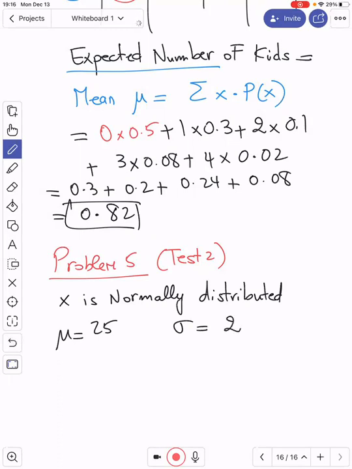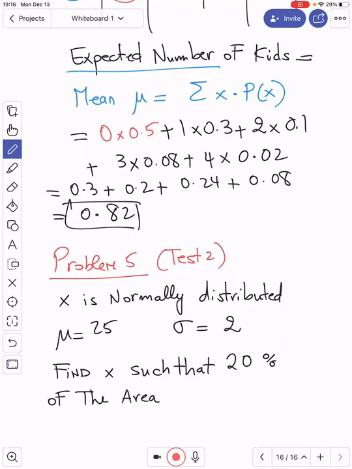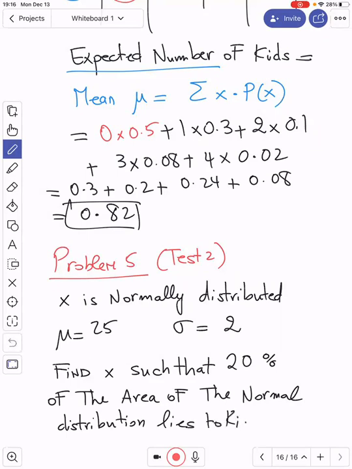And the question is to find the value of x such that 20% of the area of the graph of the normal distribution lies to the right of x. So 20% of the area of the normal distribution of x lies to the right of x.